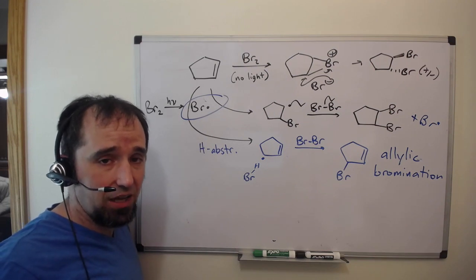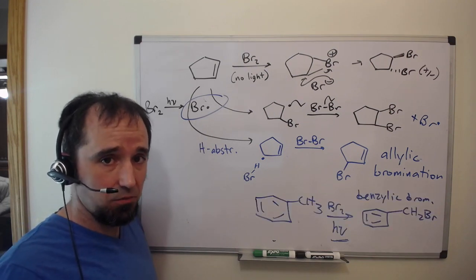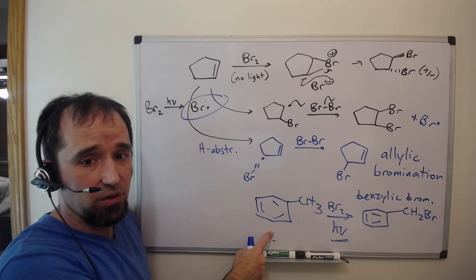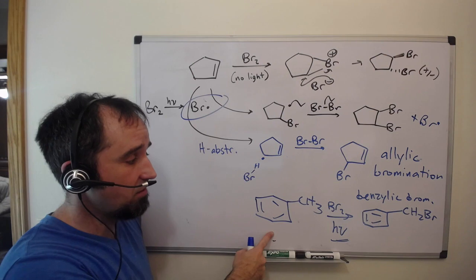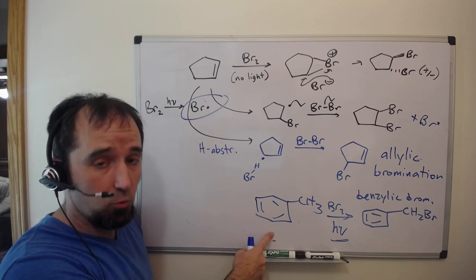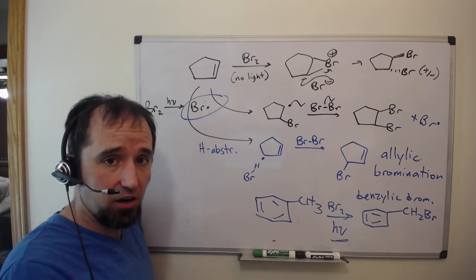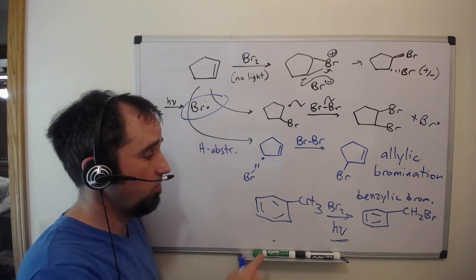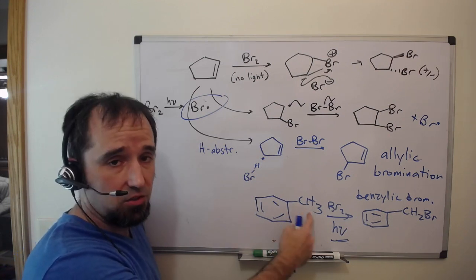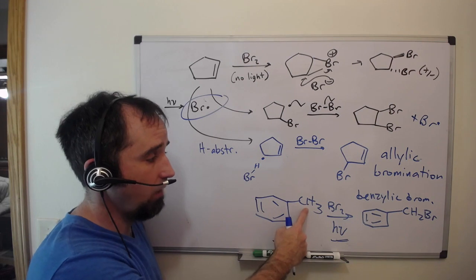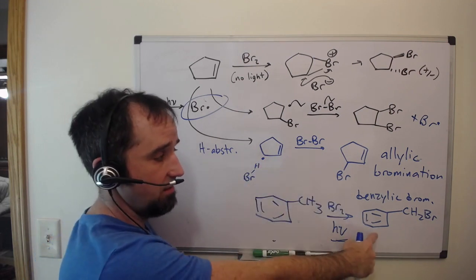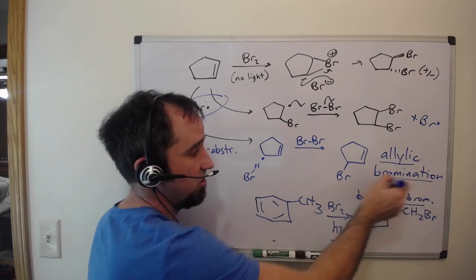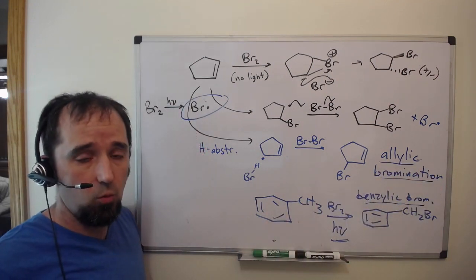For the same mechanism, we could imagine having a methyl benzene, or a toluene, and then if I give this Br2 and light, it wouldn't go through the electrophilic aromatic substitution stuff that we saw earlier. Actually, we'd go through the radical here. We'd do hydrogen abstraction. We'd get the radical, which would then add just like this does. So benzylic bromination and allylic bromination go the same way.